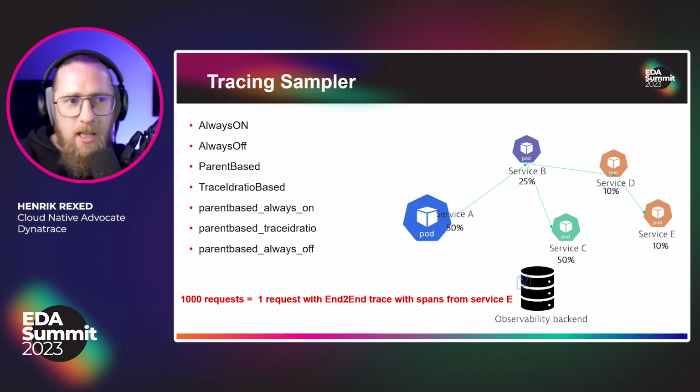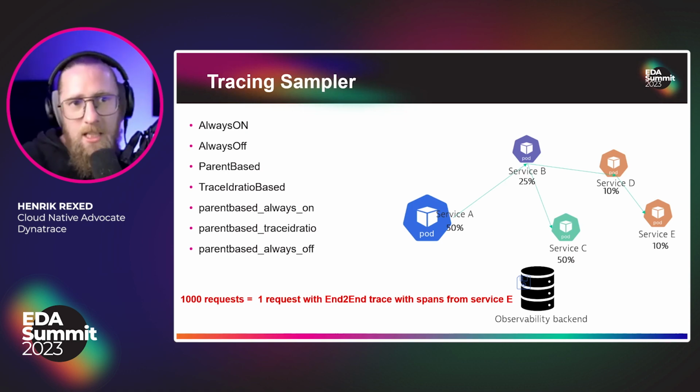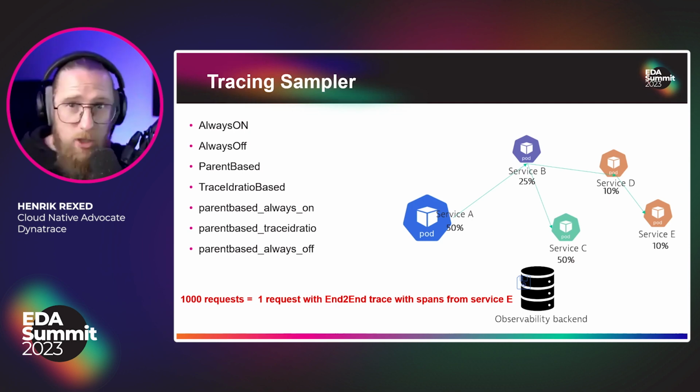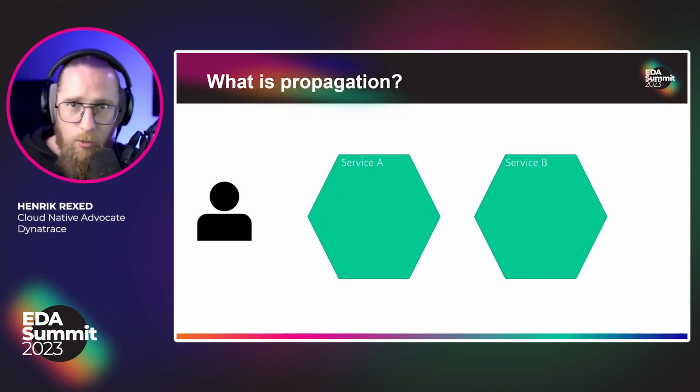Because if I define this as an end user without any understanding of sampling, and I have 1,000 requests coming in a given time frame, and I'm looking for an end-to-end trace to understand the full transaction from A to E, then with the sampling decisions I've defined here, I only have one request out of 1,000 that will have the details. So you see, depending on how you define it, you will lose details, which means your painting will lose color, will lose precision, and that's what we don't want.